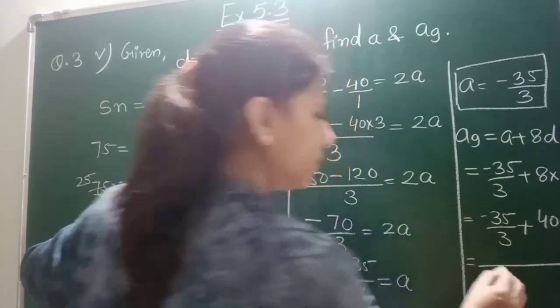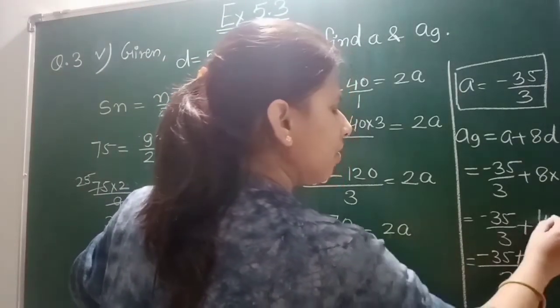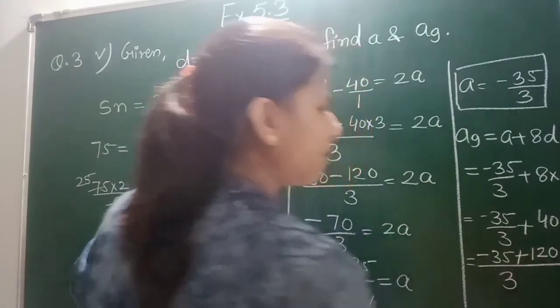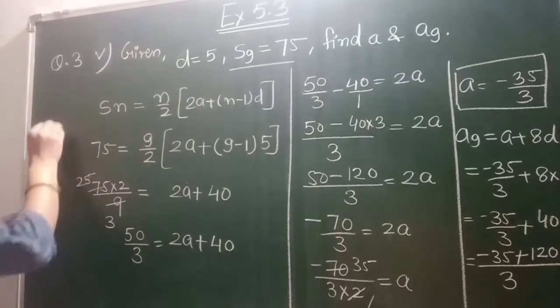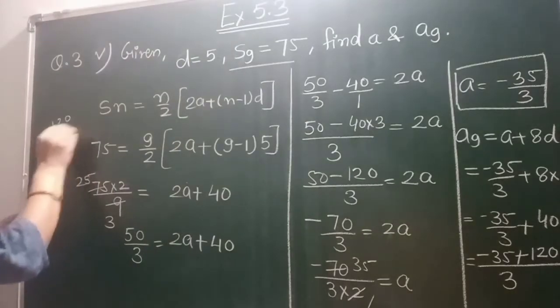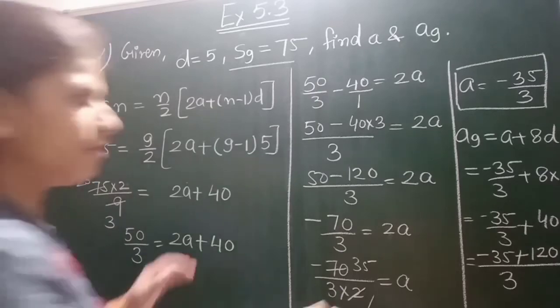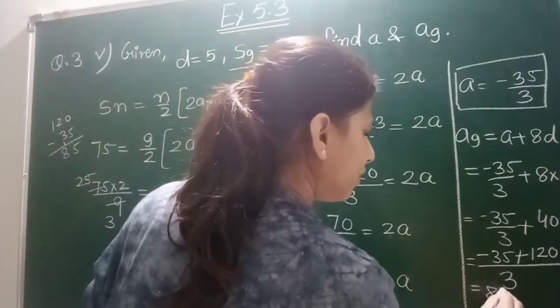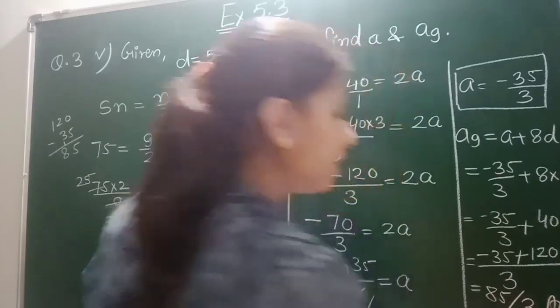LCM will be 3. Minus 35 plus 40 into 3 we will get plus 120. Then we will subtract 120 minus 35. What we will get? 85. So the ninth term will be 85 by 3. This is our answer.